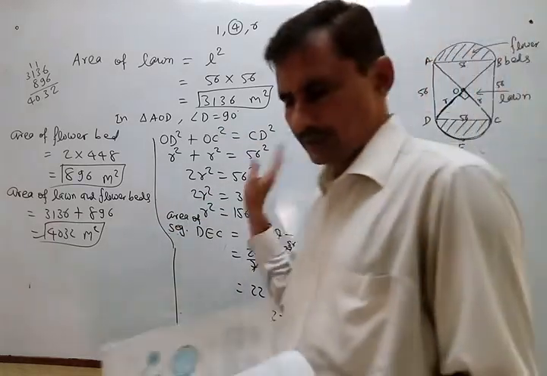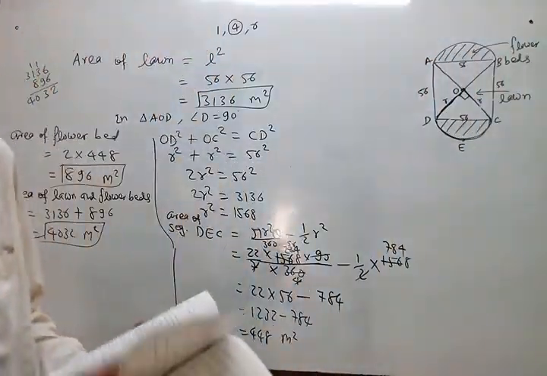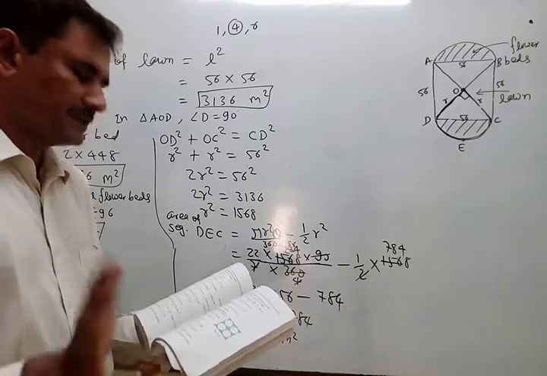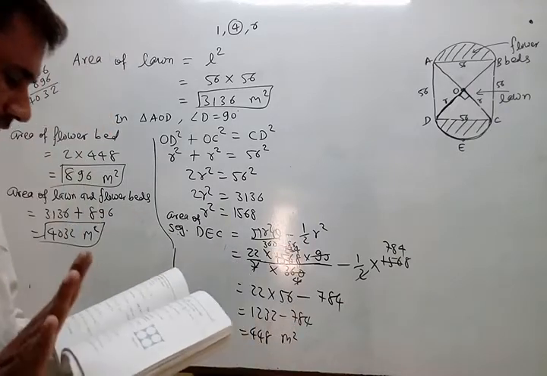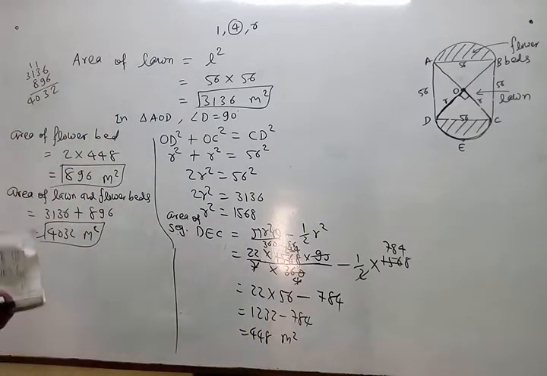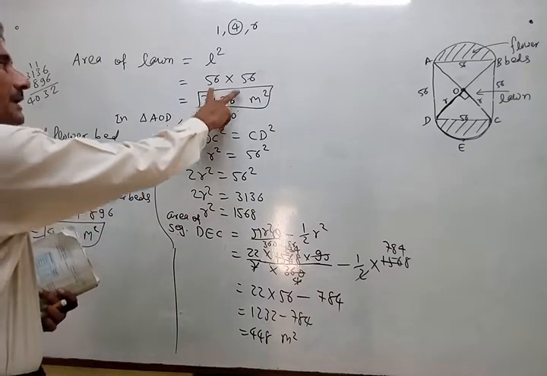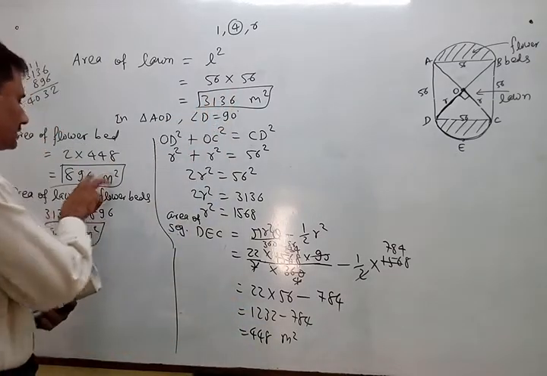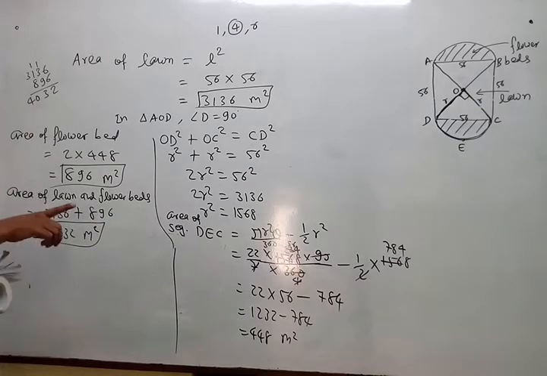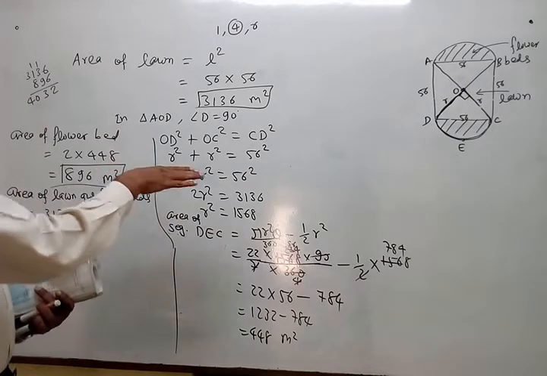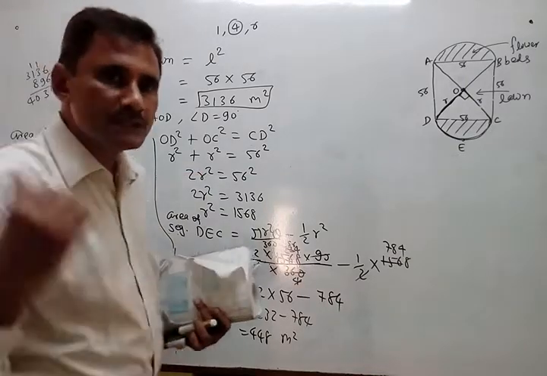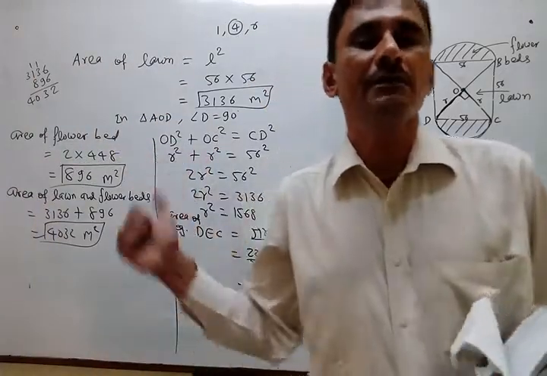So understand that the solution given in the textbook is quite different from this. First of all, understand carefully whatever you do. In their calculation, they will not clarify the final answer, they will go directly. So we try to solve this sum in whichever way it can be asked.